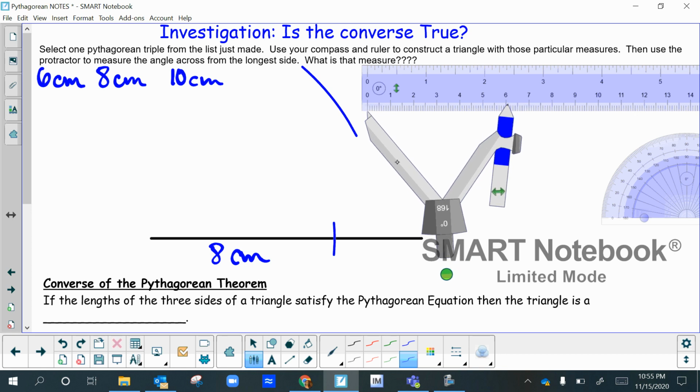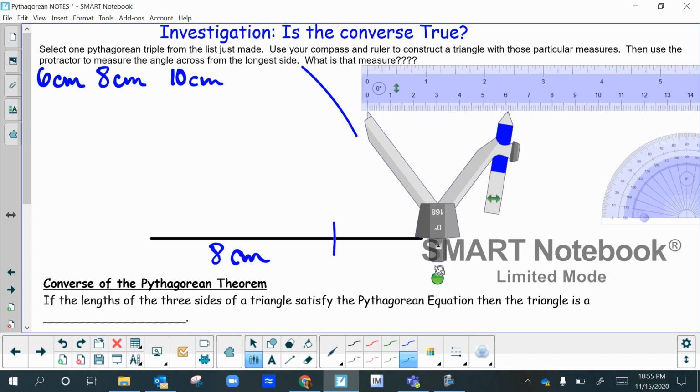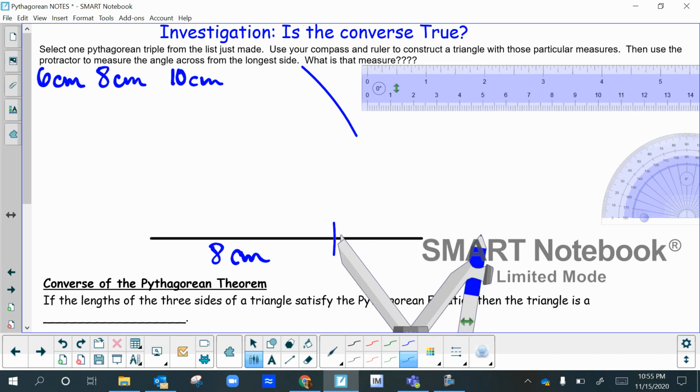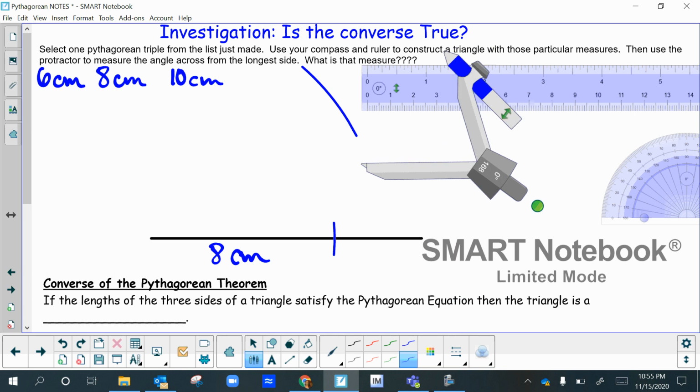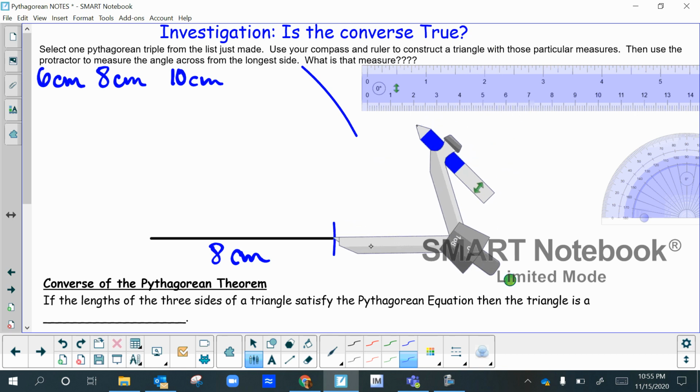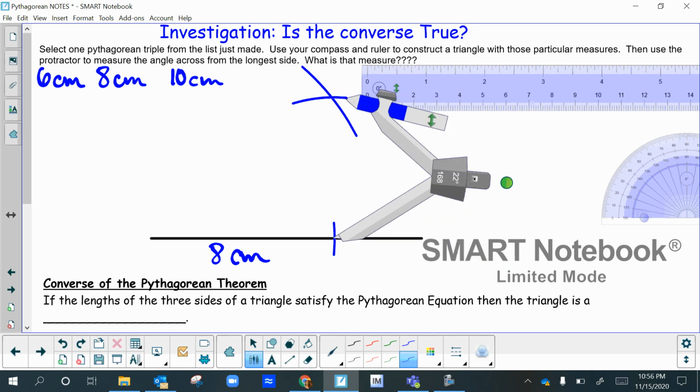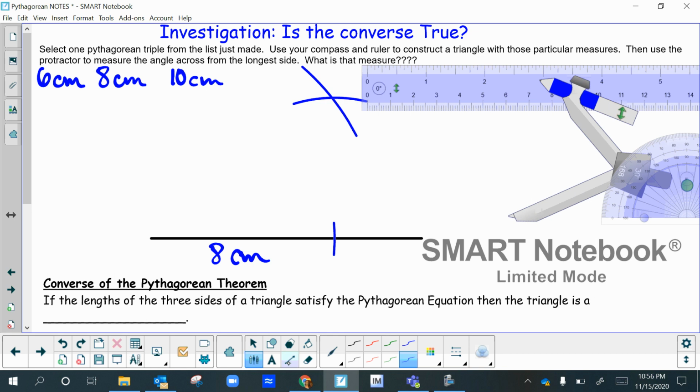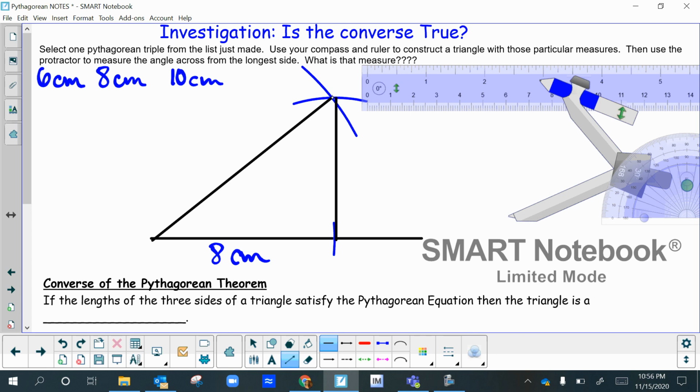Let me make sure I have it right. On the 6. That's a bad thing about this, because it doesn't go perfectly. And then I'm going to come over here to this other endpoint, because I had put the other one over there. And then I'm going to make an arc. So now I'm just going to get my straight edge and connect from there to there and from there to there.